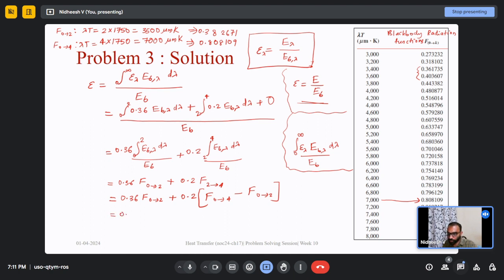We can finally substitute all these values in our equation and get the total emissivity.